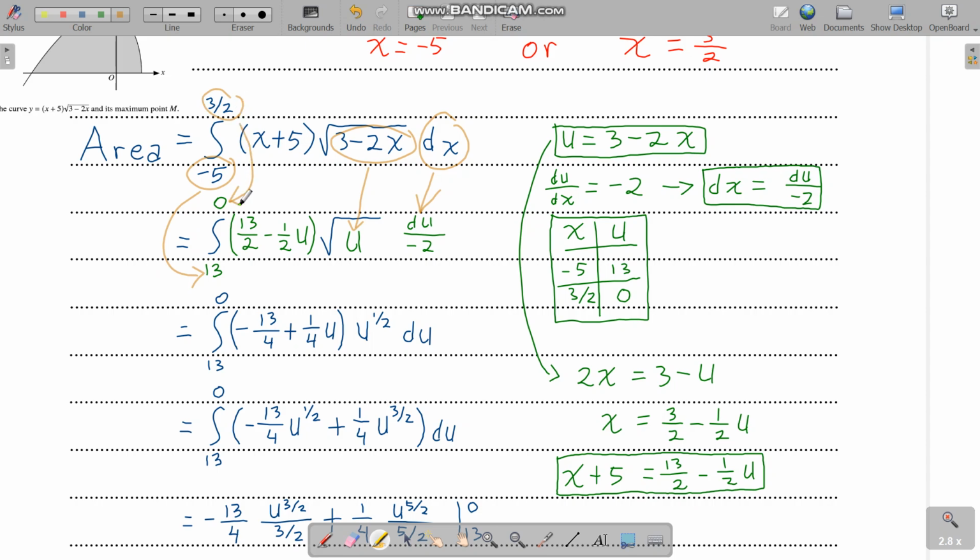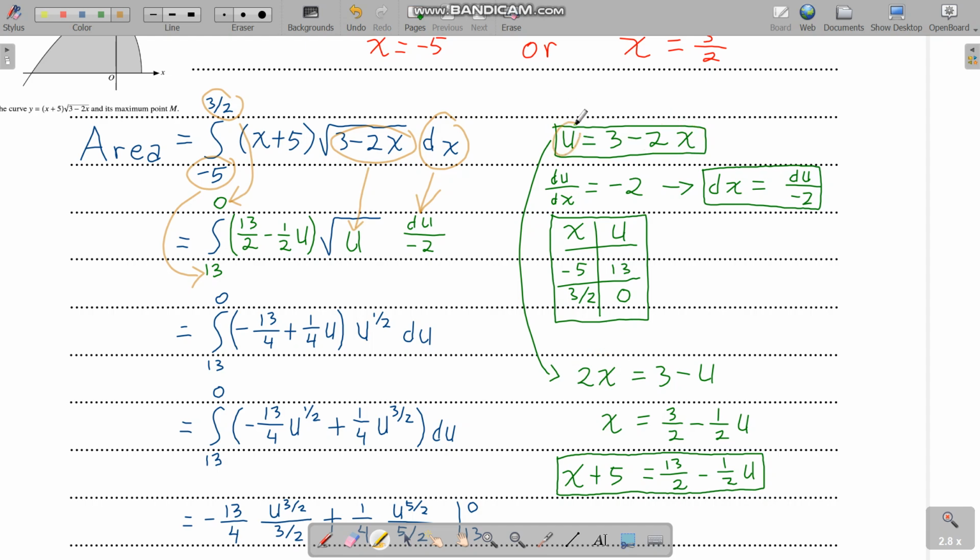So as you can see, if we do this, we still have x plus 5. So somehow we have to substitute this x plus 5 because we need everything to be in terms of u. So we have to do the algebra. From this equation here, we can move the minus 2x to the left, we have plus 2x.